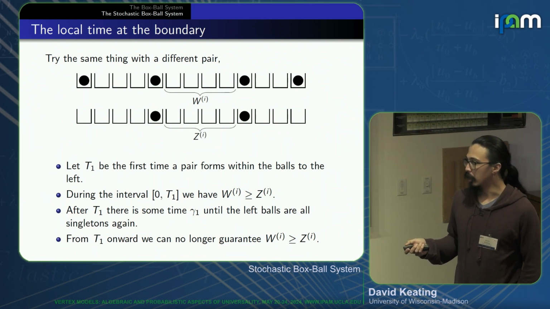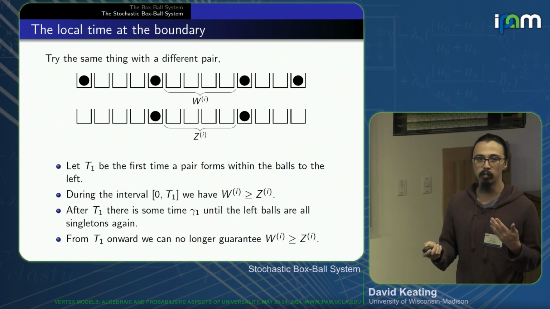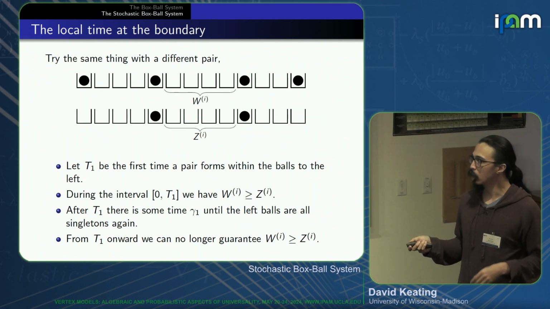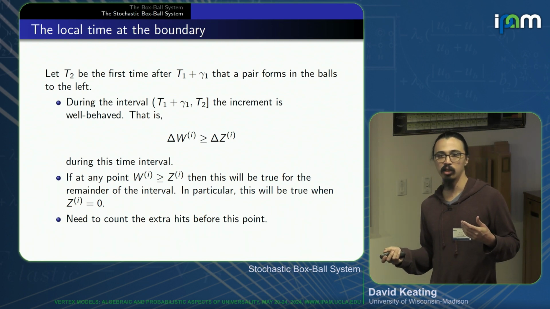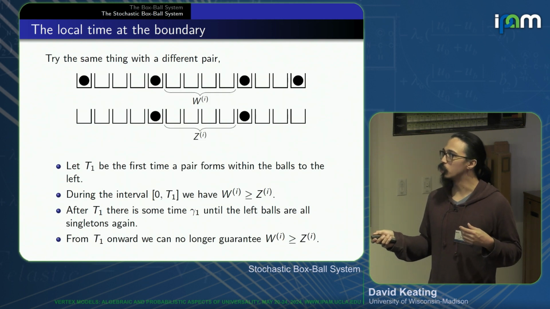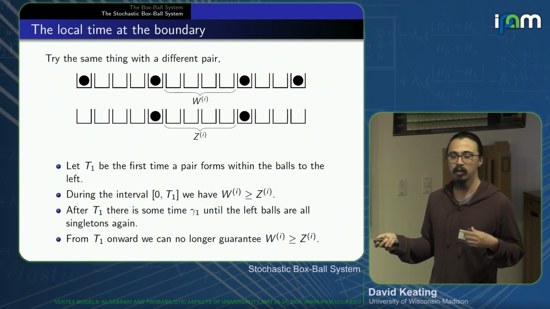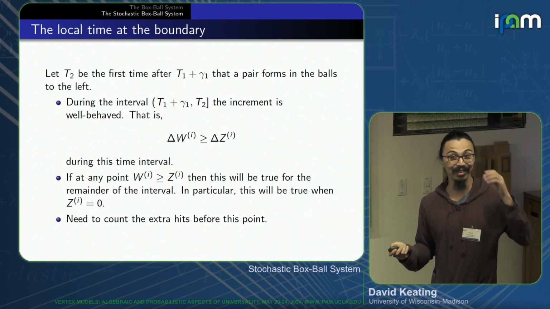And another thing to note is that once these balls form on the left, there'll be some amount of time gamma 1 until they break apart into singletons again. So what I need to control is how many extra hits I get to 0 in this interval. So in the interval T1 to T1 plus gamma 1, this ball will speed up faster compared to this ball here. And I have to control how bad that makes things.